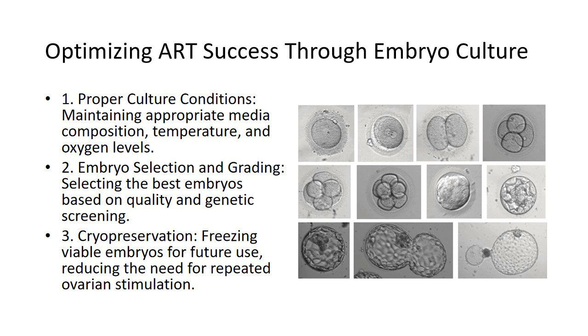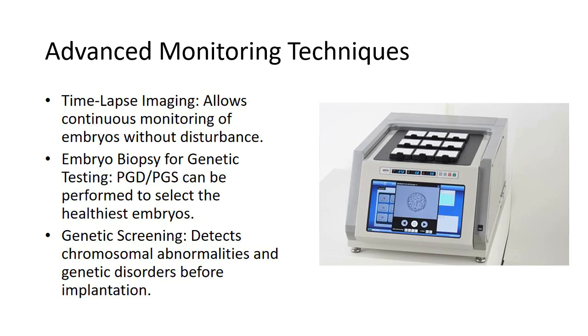Optimization of embryo culture conditions. By maintaining ideal temperature, gas composition, and pH levels, as well as using the right culture media, embryo culture conditions can be fine-tuned to encourage healthy development and improve implantation success. Advanced monitoring and screening techniques.